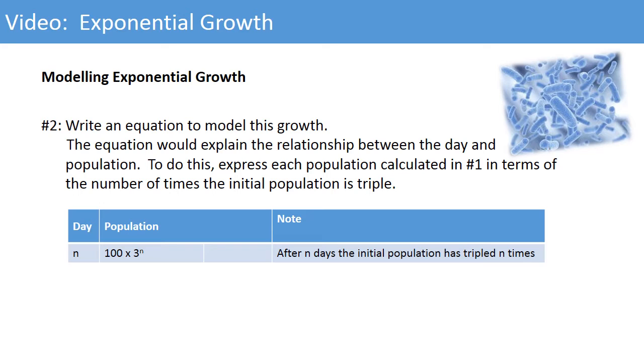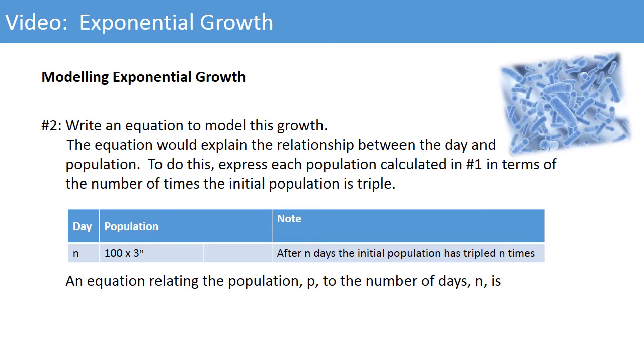After n days, the initial population has tripled n times. An equation relating the population P to the number of days n is therefore P of n is equal to 100 times 3 to the exponent n.